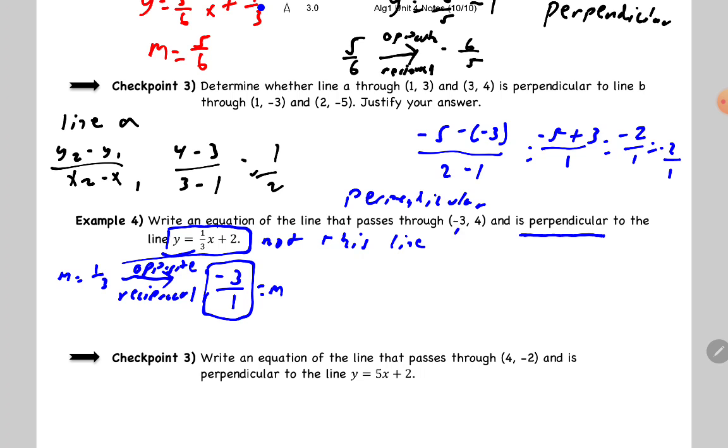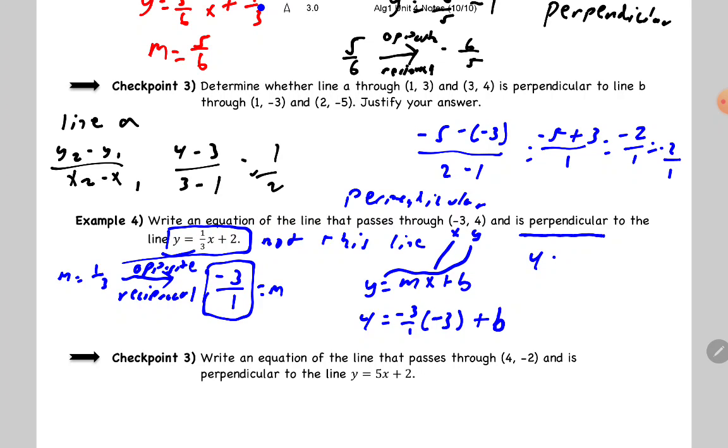Okay, and then we have an x and y here. So we're making the equation y equals mx plus b. So I'm going to substitute my x value and then my y value. Okay, and my m value. So y, which is 4, equals m, which is -3/1, times x, which is -3, plus b.